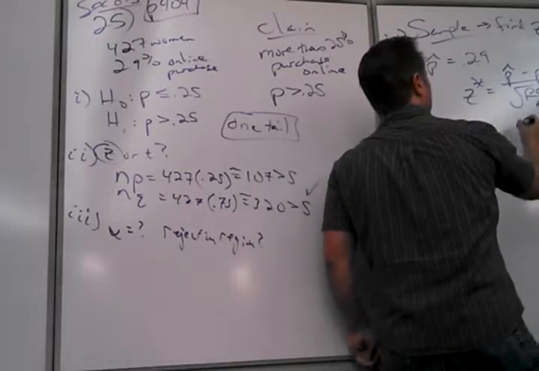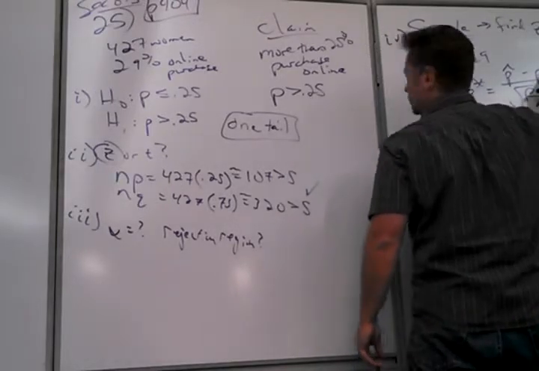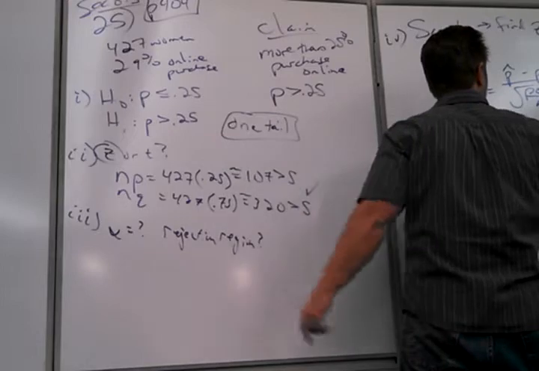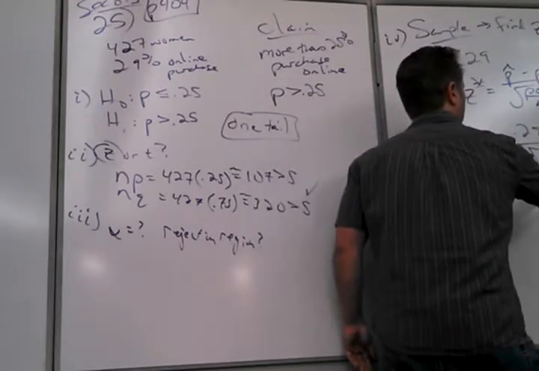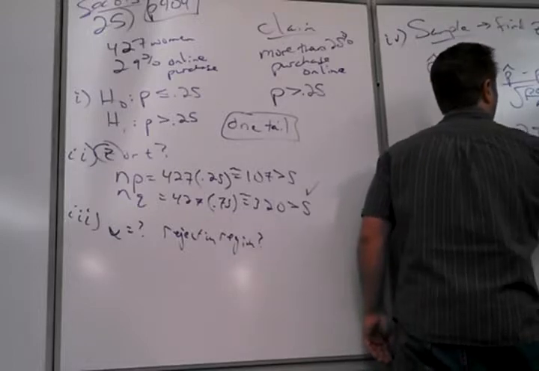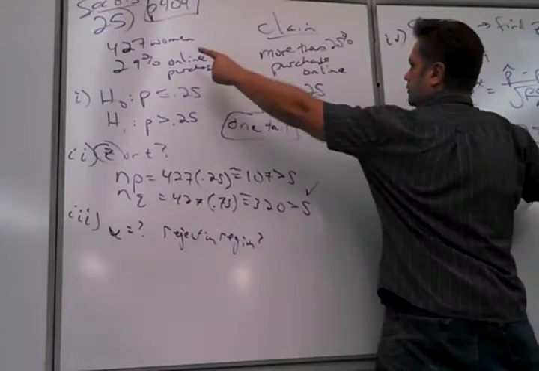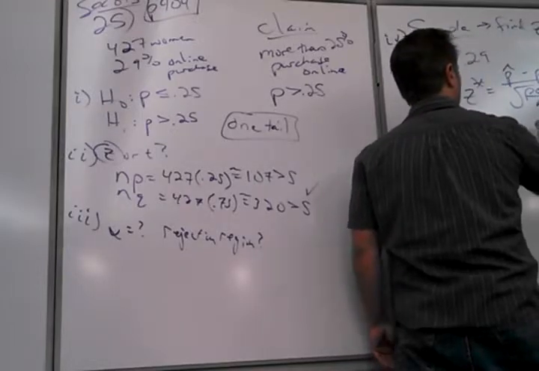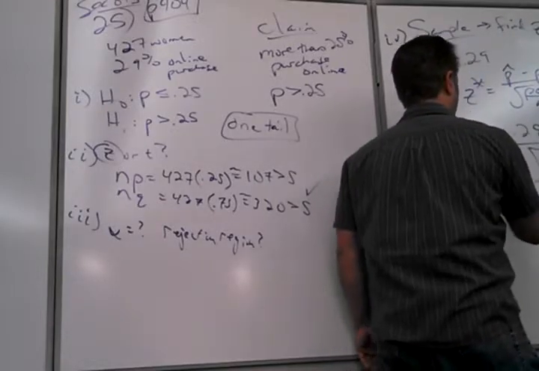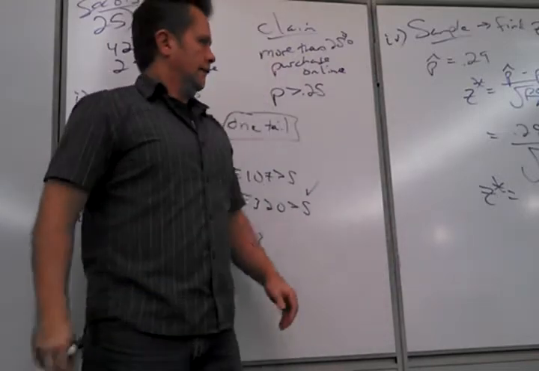We get 0.29 minus 0.25 over square root of 0.25 times 0.75 divided by 427. And then whatever that is.